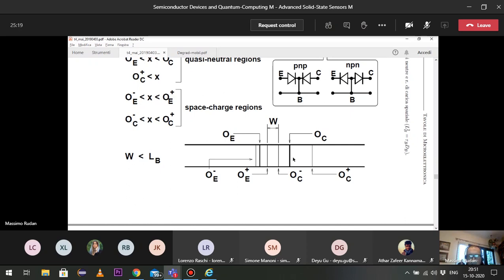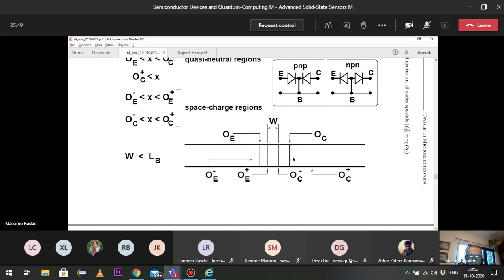Also, you see that if you look again at the emitter junction, the extension of the space charge region on the emitter side is smaller than that on the base side. And this is so because the concentration of the dopant in the emitter is larger than that of the base. And we shall explain why later.